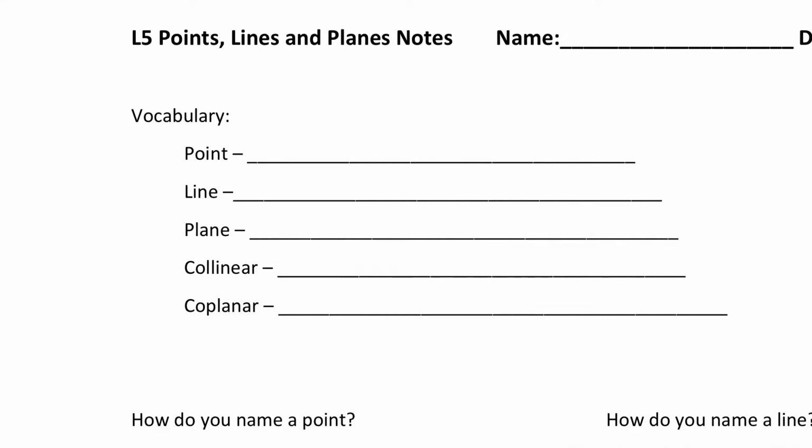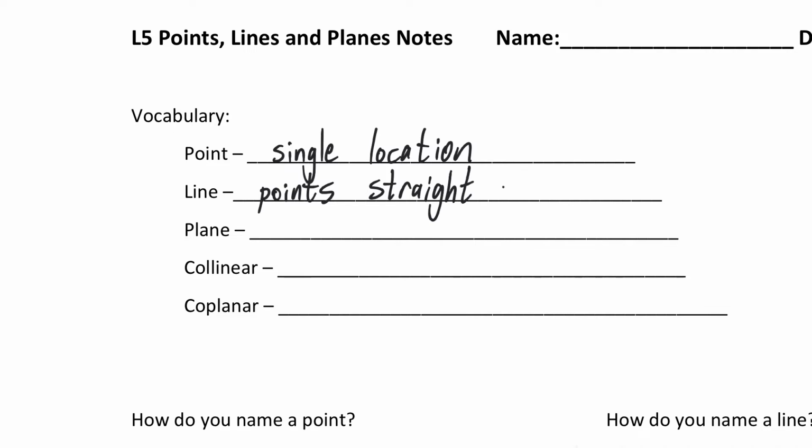Okay, so a point is a single location. Yeah, if you already wrote the whole thing, you're good. Don't rewrite it. I'm just going to give it kind of abbreviated here from what we just did on our full vocabulary. So a point is a single location. A line is points in a straight row. Okay, a plane is points making a flat surface.